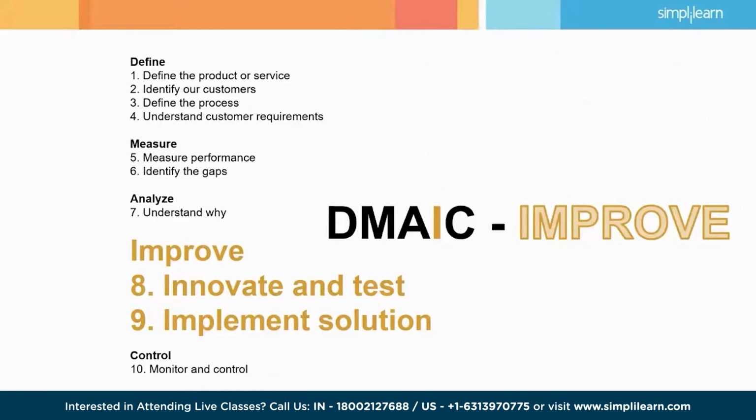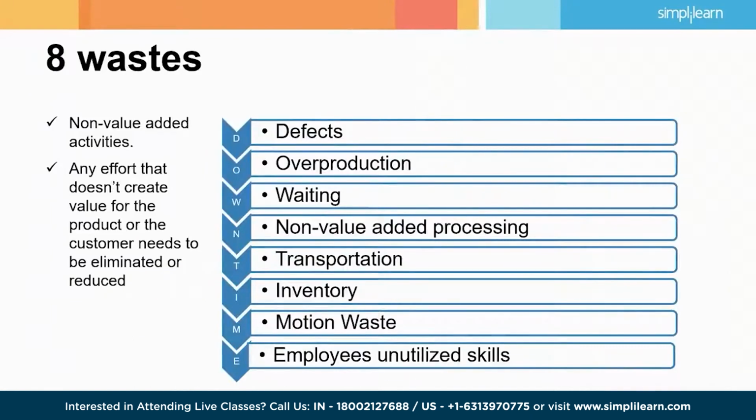So how do you solve it? You need to work on the improve phase. In the improve phase, you will innovate, look for solutions, and test them. Test them in just a pilot area. That's the most recommendable way of doing it. And if in that pilot area it works, then you can implement the solution across the company.